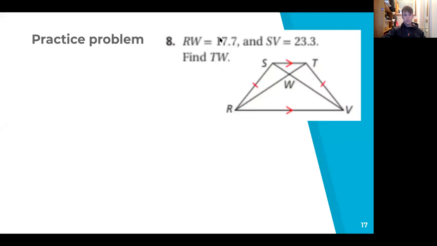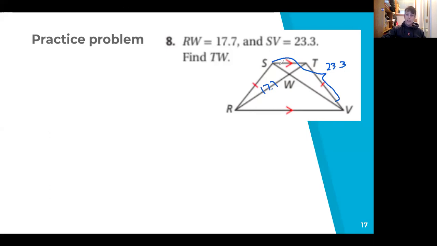Okay, let's go ahead and do this practice problem here. So RW is 17.7, sorry, I misspoke. RW is 17.7. SV, this whole thing from S to V, is 23.3. Well, pretty easy. We're supposed to find TW.